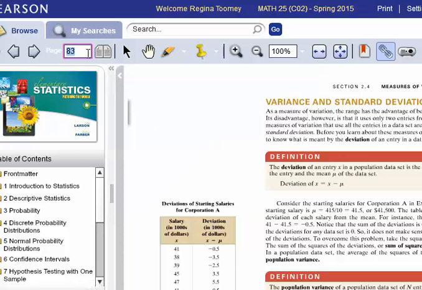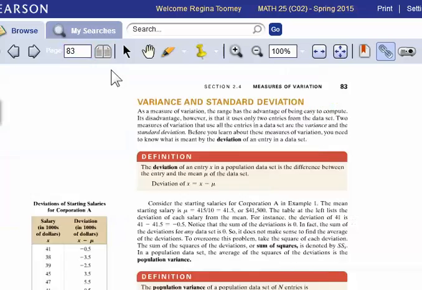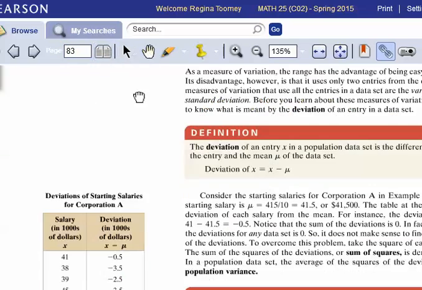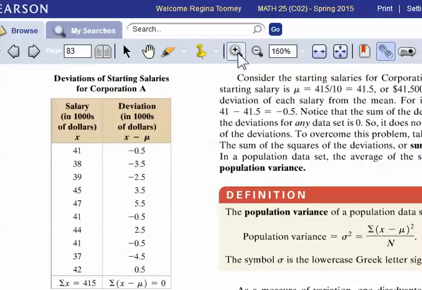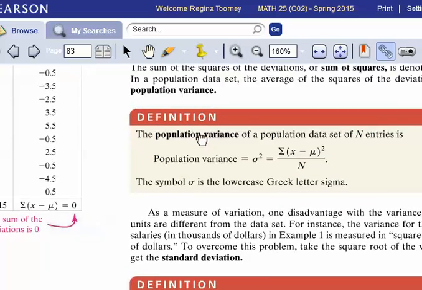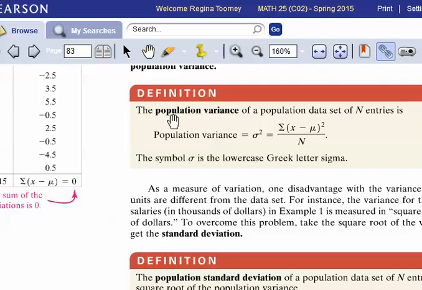Okay, so go to page 83, and I'm just going to change the mode here a little bit. And this is the population variance. Look at the way it's calculated. Each time you're finding out how far each number deviates, but while you're doing that, then you're squaring it.